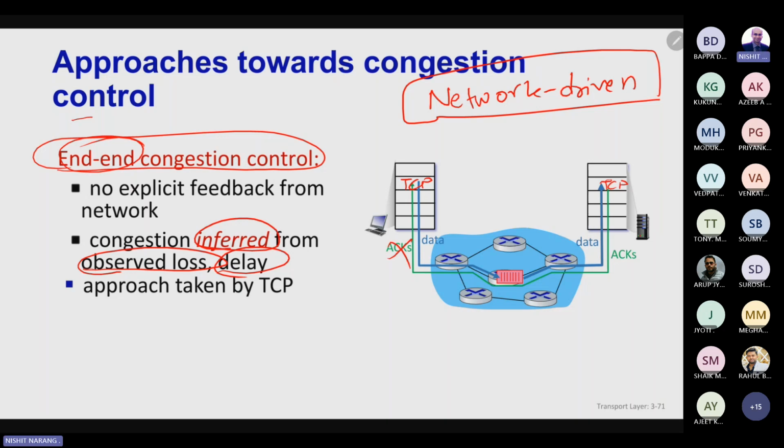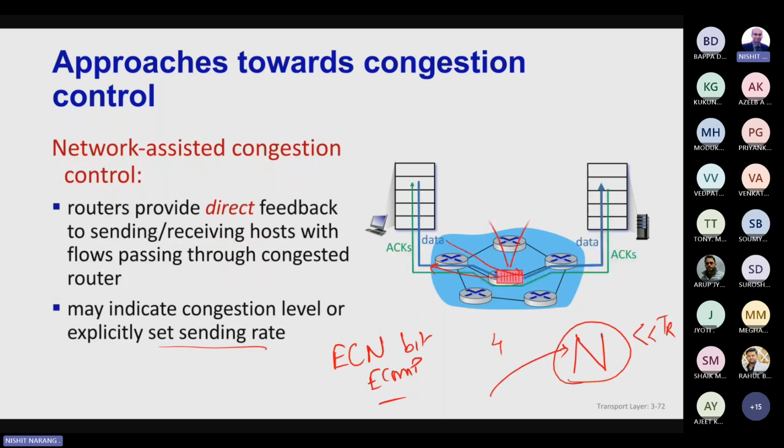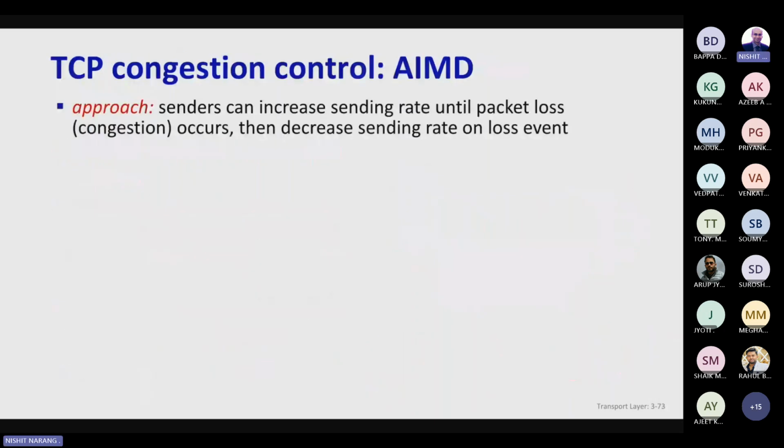This is the approach TCP uses to detect congestion. And without waiting for any explicit feedback from the network, it immediately cuts down its value of N so that it reduces the sending rate until congestion clears.